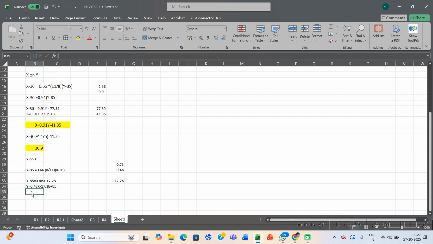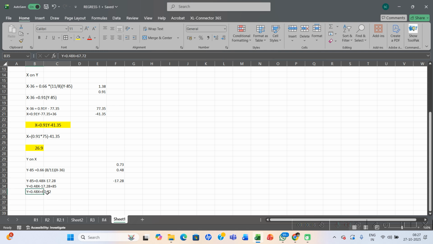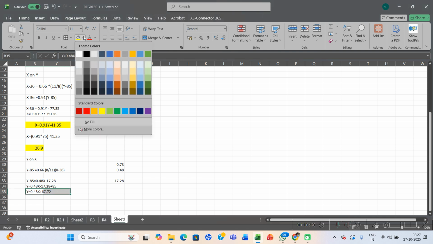So y equal to 0.48x plus 67.72. So this is y on x.